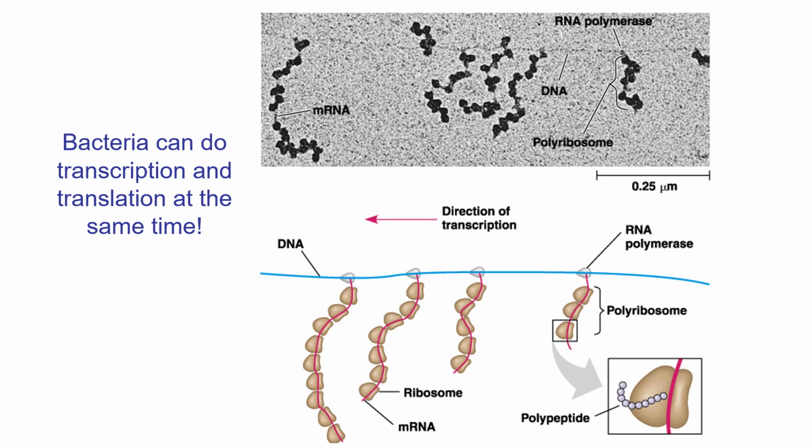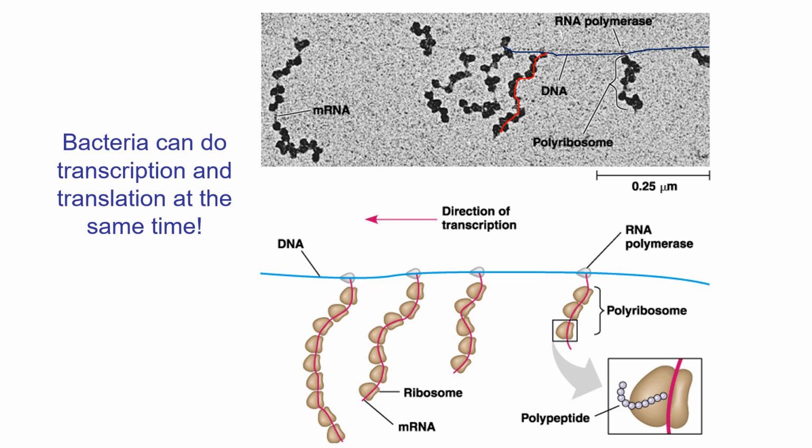In that photograph, or micrograph, at the top, you're seeing what this looks like under an electron microscope. And what we've got here is we've got the DNA along here, continuing along there, and then we've got messenger RNA that's being produced by RNA polymerase, and we can see that here.